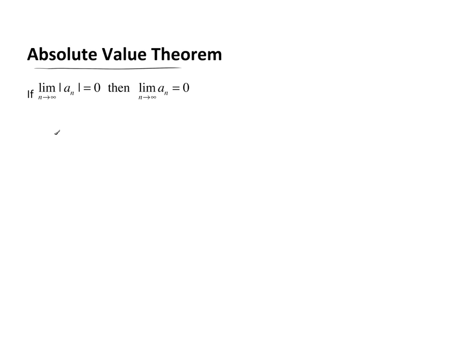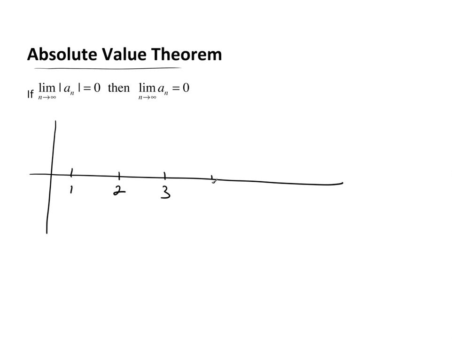Really what this is saying is, let's just take a look at a_n for a second. I'll try to line these up in a decent way. Let's just say that a_n, I'm going to do a_n in black.